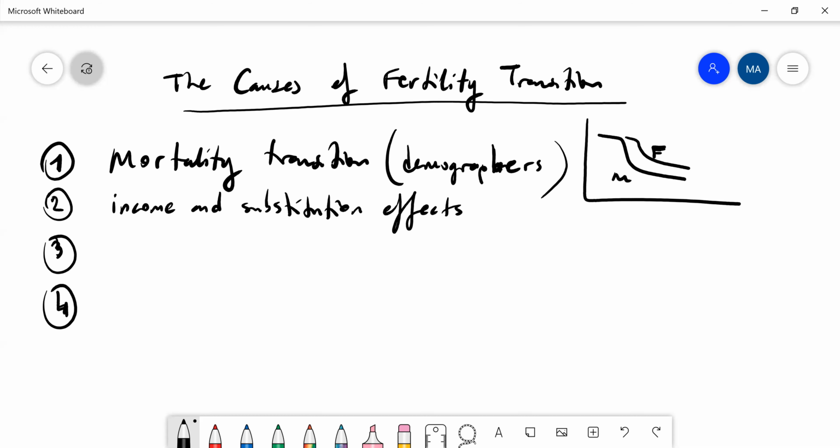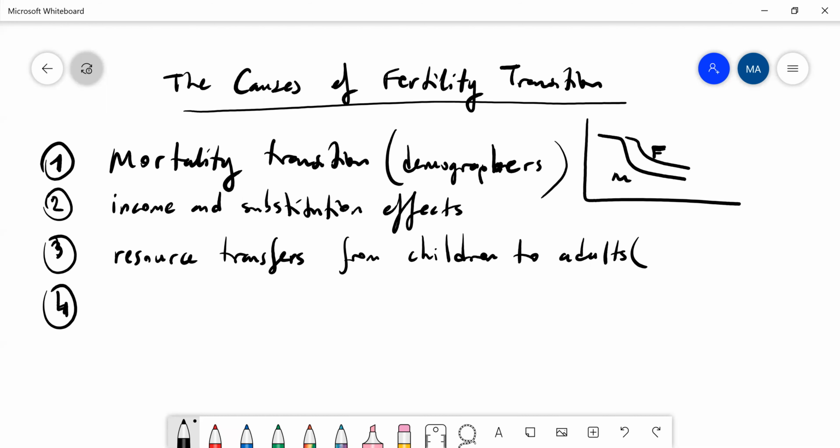The other is resource transfers from children to adults or parents, right?